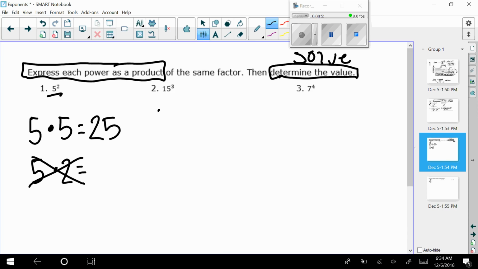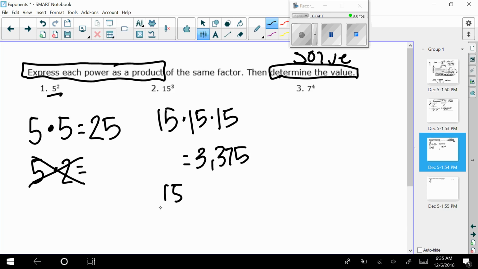This one is 15 3 times. So it's going to be 15 times 15 times 15. Okay, so when you do this, my brain is blanking here for a second. The answer is 3,375. I did 15 times 15, okay, which is 225.